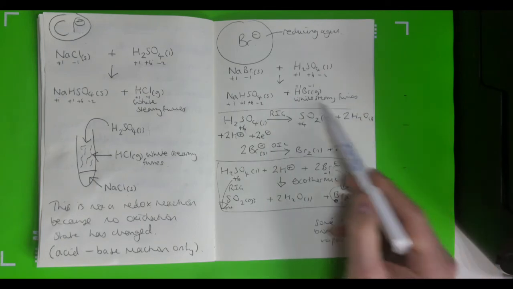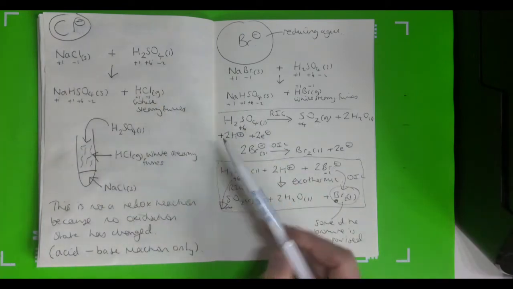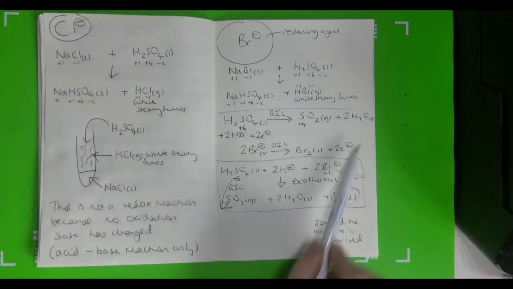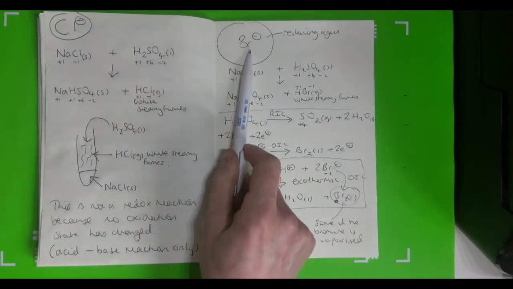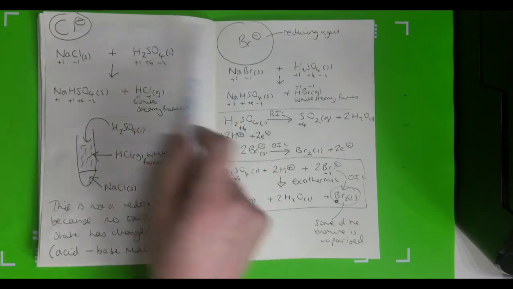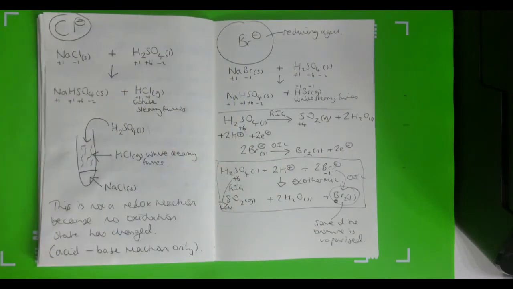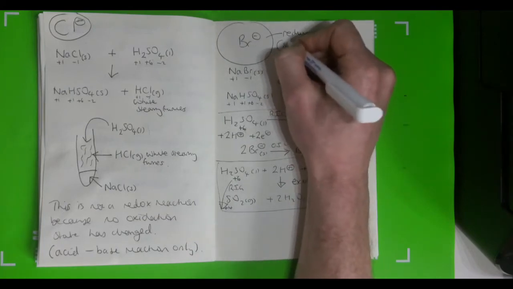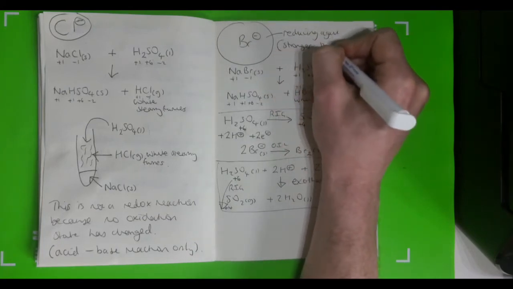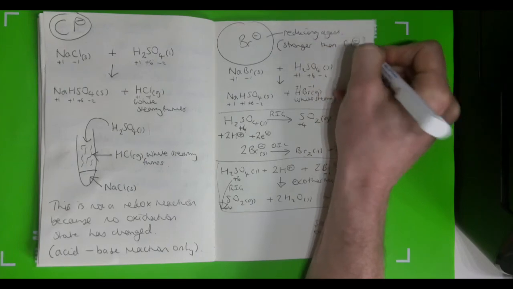Now, if we compare this reaction here to what happened over here, the chloride didn't do this. Didn't do any of that. And that's because bromide is a stronger reducing agent than chloride.